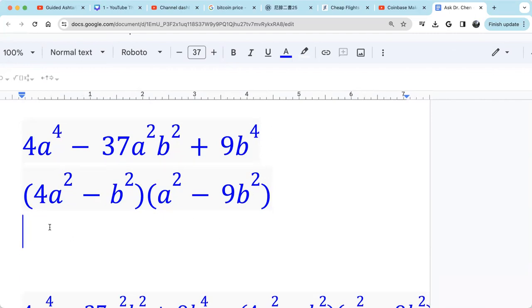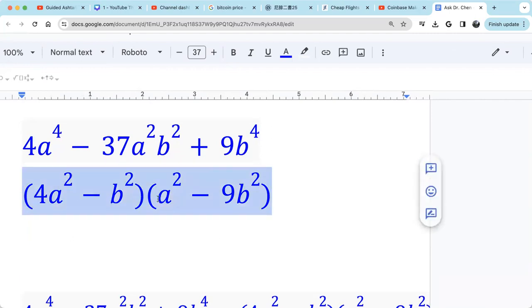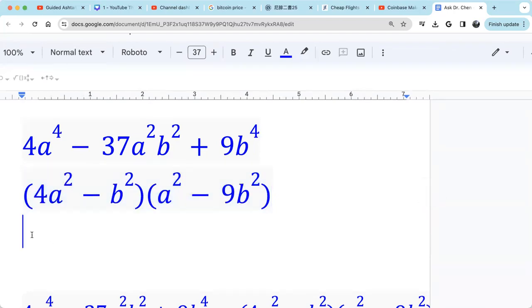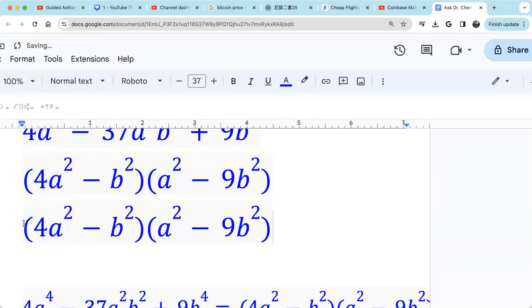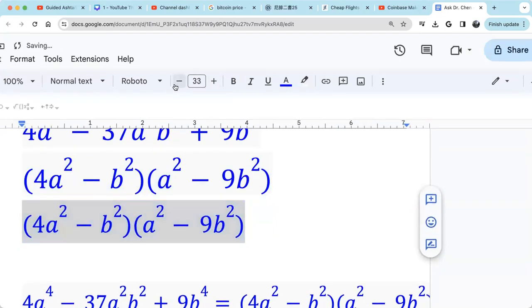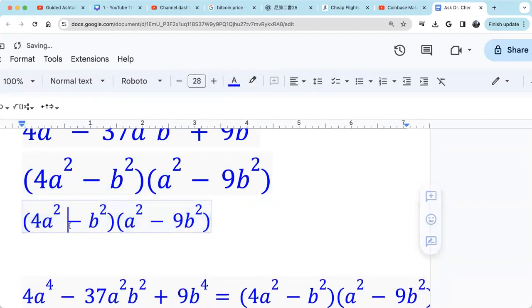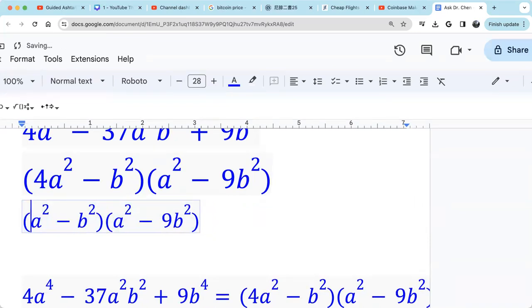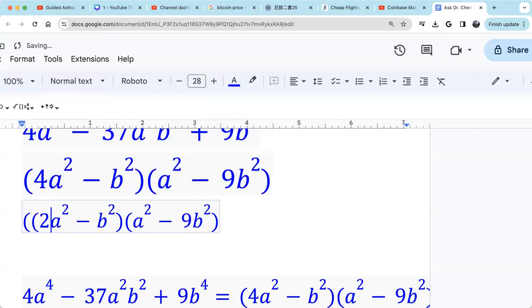So we can keep going because we see a difference of two squares. I need to lower the font. 4a squared is 2a in parentheses squared.